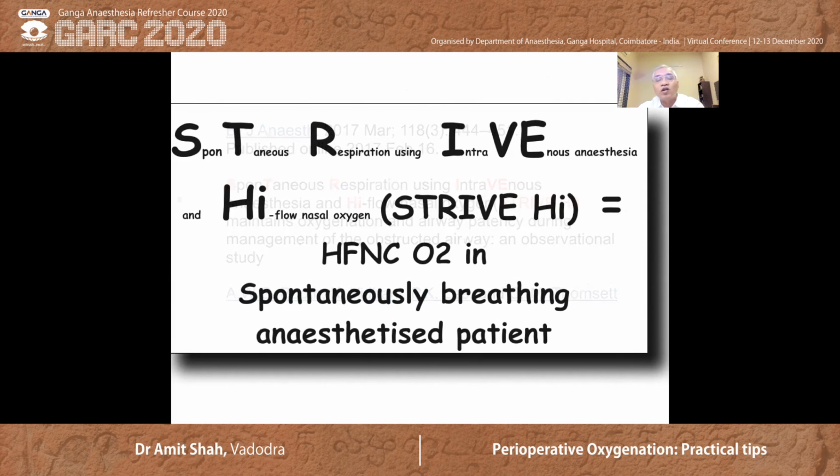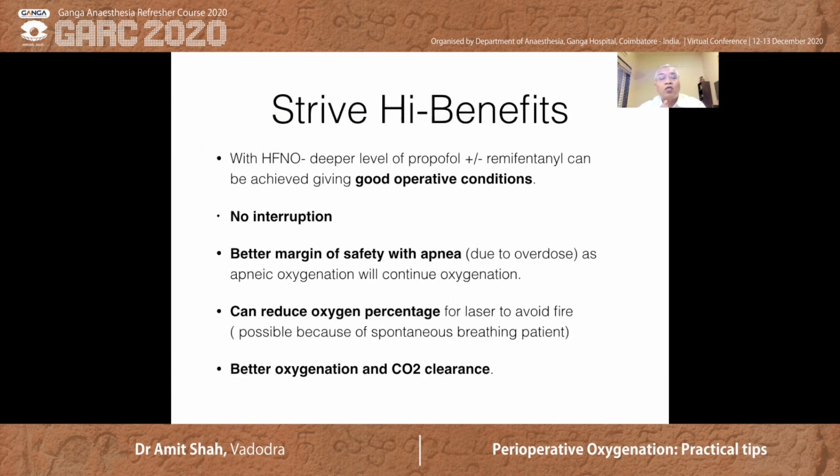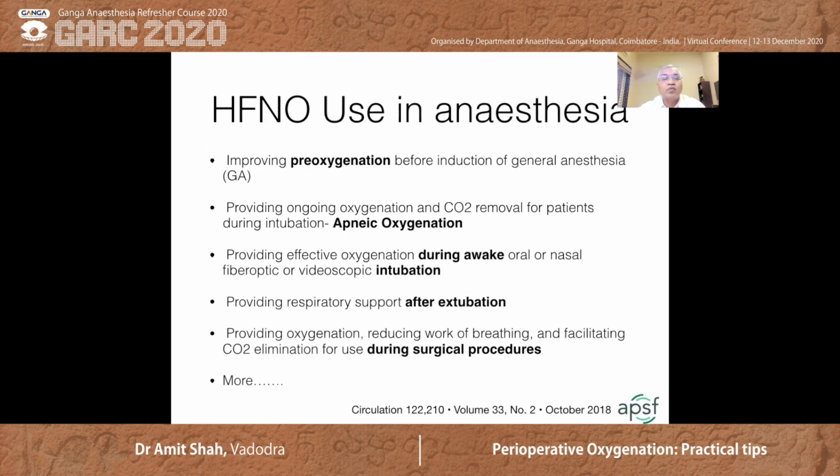He used propofol anesthesia for various airway surgeries. It provided good operative condition without any interruption. There was a better margin of safety with apnea, it can reduce oxygen percentage, and better oxygenation and CO2 clearance were observed. So high flow nasal oxygen has a lot of uses in anesthesia.